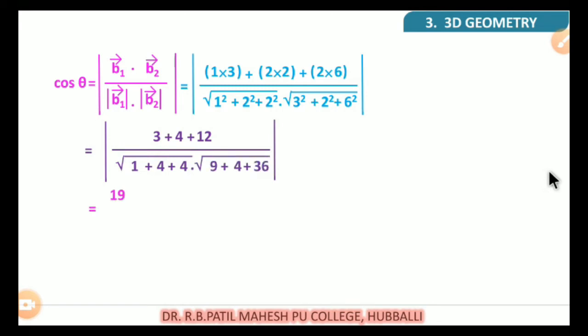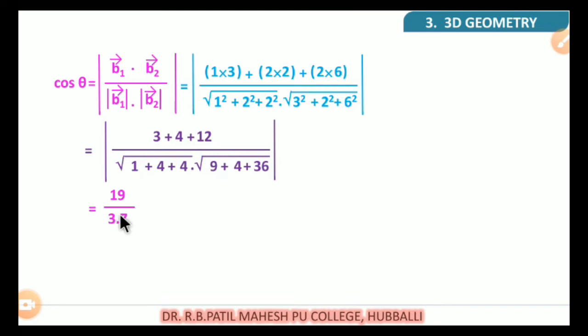So in the next step, that is the whole modulus, if it is negative then it may become positive, but it is already positive, so it is not necessary to take the modulus. So 3 plus 4 plus 12 is 19, divided by the square root of 9, which is 3, and the square root of 49, which is 7. Therefore, it is 3 into 7.